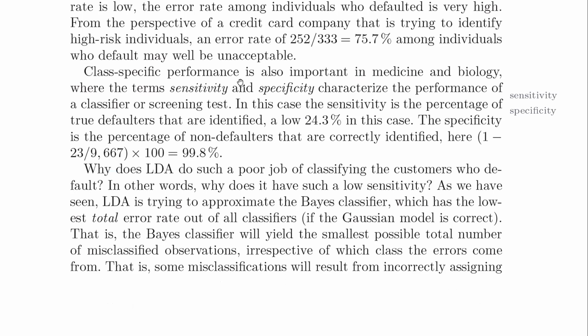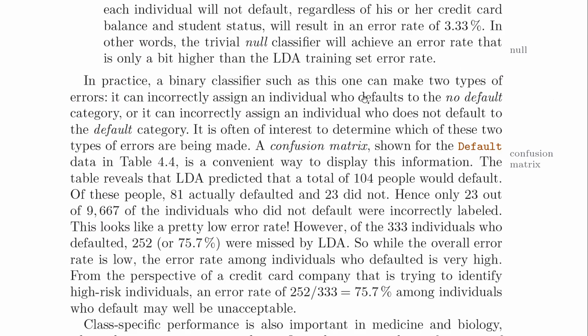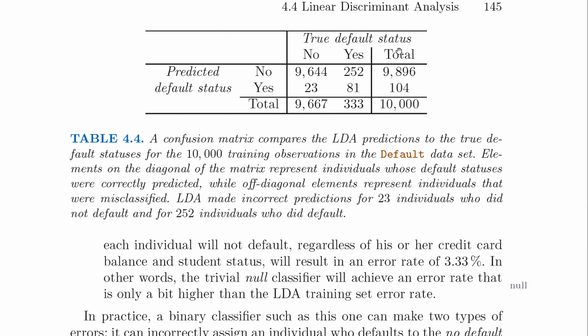Class-specific performance is also important in medicine and biology, where the terms sensitivity and specificity characterize the performance of a classifier or screening test. In this case, the sensitivity is the percentage of the true defaulters that are identified, a low 24.3%, meaning 81 out of the 333.